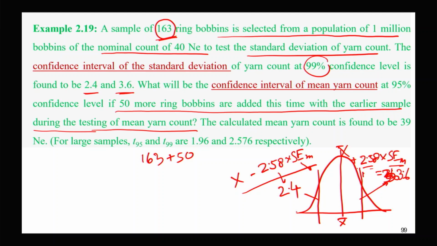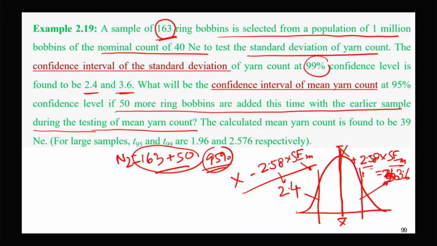So, for that we want to calculate the confidence interval at 95% level. So, new number is given, new level is 95% level. But here one thing is that this mean is not going to change.